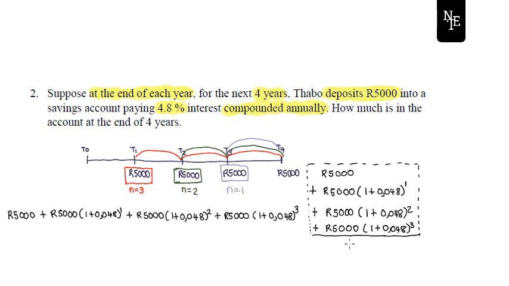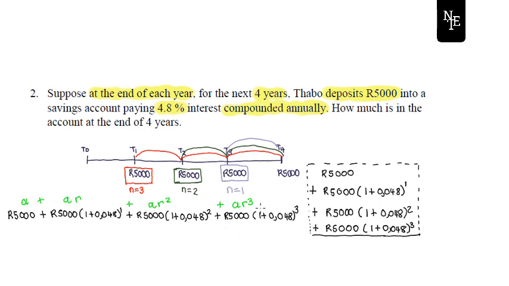So notice that if we write out this calculation that we created inside this box in just a straight line, you should notice that this forms a geometric series. So this is A plus AR plus AR squared plus AR cubed: term 1, term 2, term 3, term 4.